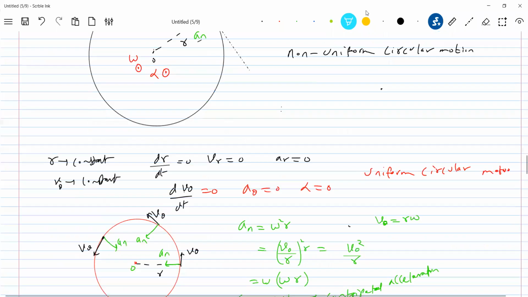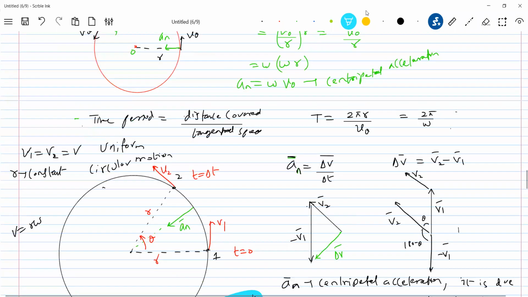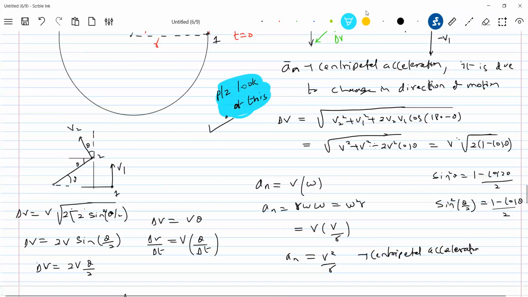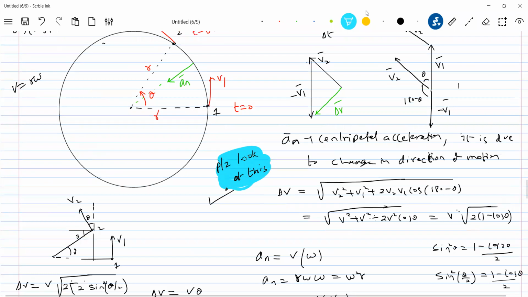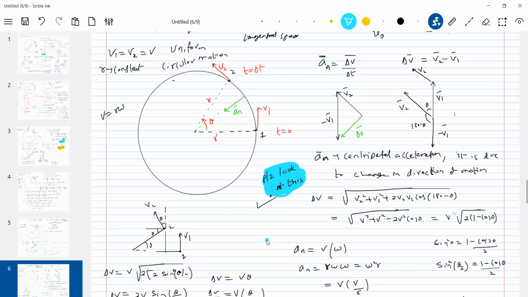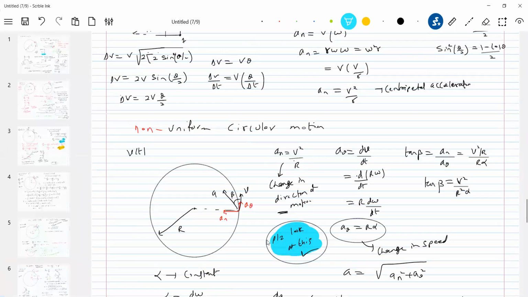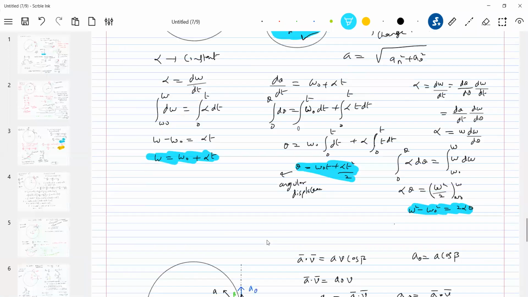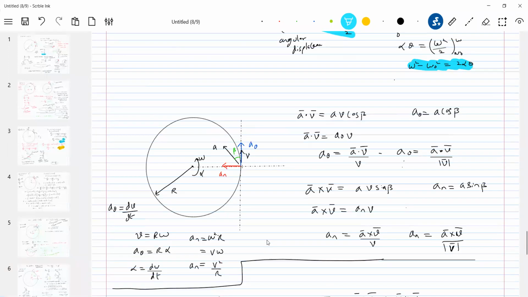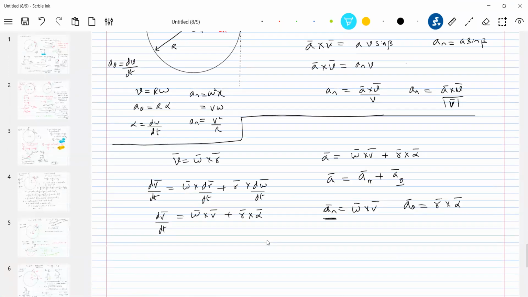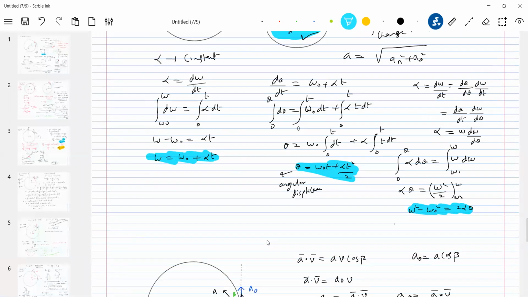For circular motion, for all the problems we discussed, the maximum will be focused on this content. Okay, this is all mathematics. When three-dimensional motion comes, this is going to help us a lot.